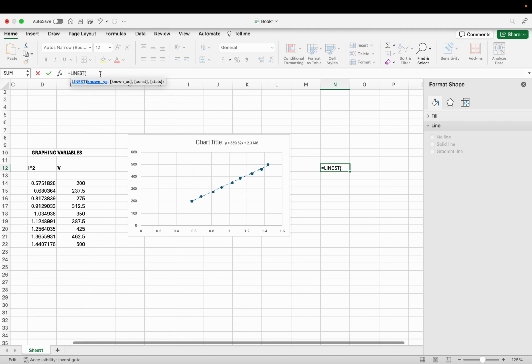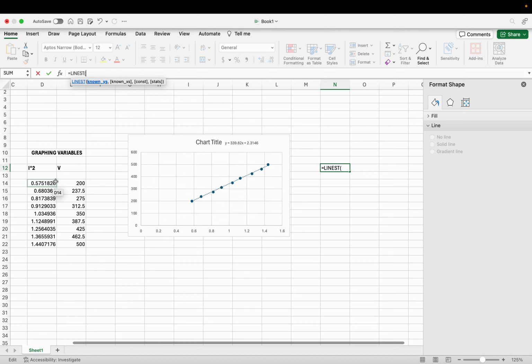Depending on what version of Excel you're running, remember that you can always download a fairly new version of Excel via the college website, and or use our computers here. If it's a new enough version, it will tell you what to input. So it says here the first thing that this function wants is our quote-unquote known y's, okay?